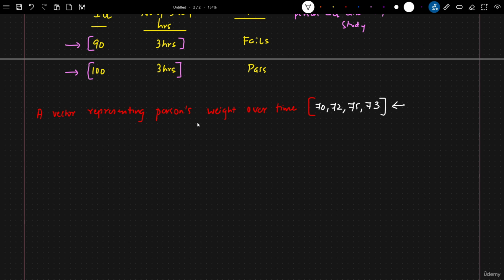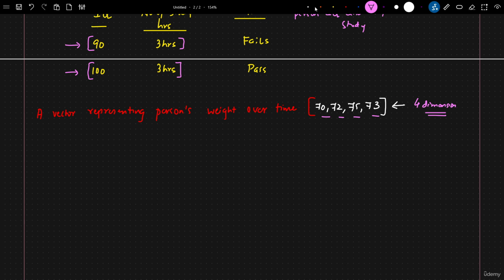In data science, a vector represents a collection of values. It can be in different dimensions. Since I have this vector of 4 values, it represents 4 dimensions. So you don't need to think about whether it has a specific direction.